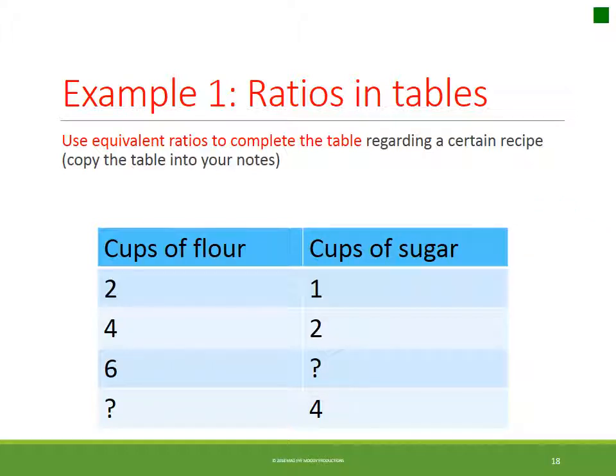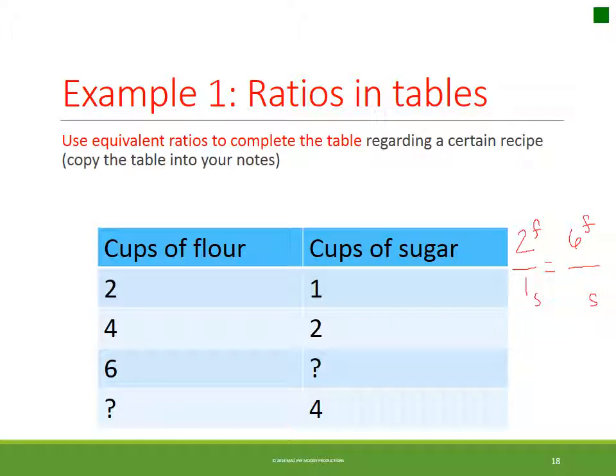And since I know that I need my ratio to simplify into the number 2, or 2 over 1, I can use that to figure out this question mark right here. So if I have 2 over 1, again, this is 2 cups of flour and 1 cup of sugar, and I know that my ratio for a larger recipe is going to use 6 cups of flour, then I need to know how many cups of sugar.